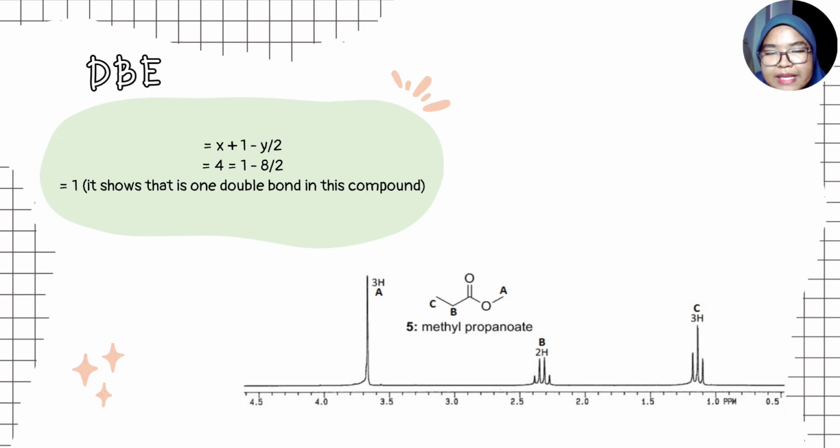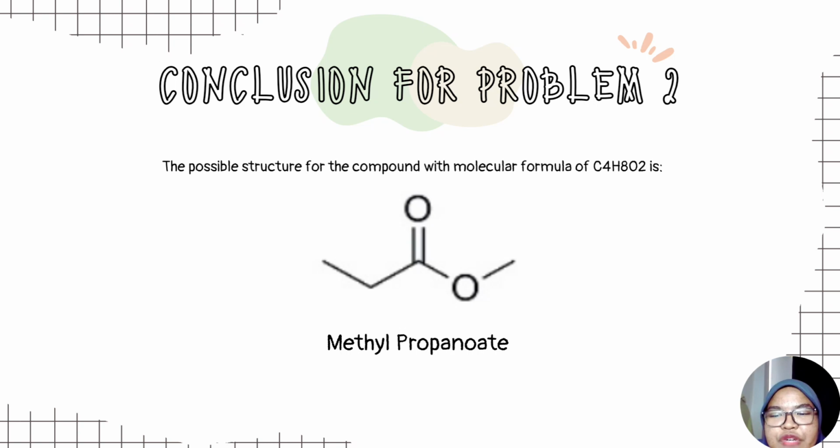So by replacing X and Y with the number of carbon and hydrogen, we get that it only has one double bond in the compound. Conclusion for this problem, the possible structure for the compound with molecular formula of C4H8O2 is methyl propanoate.